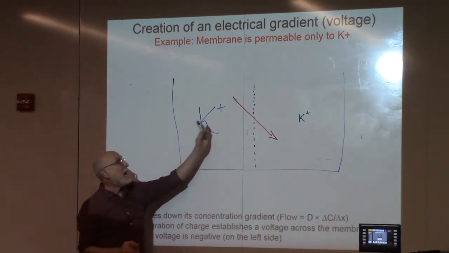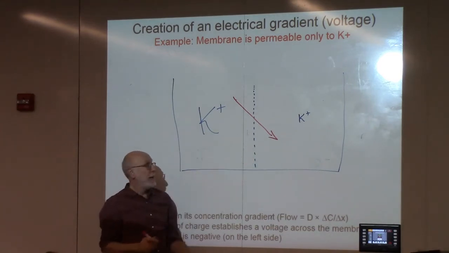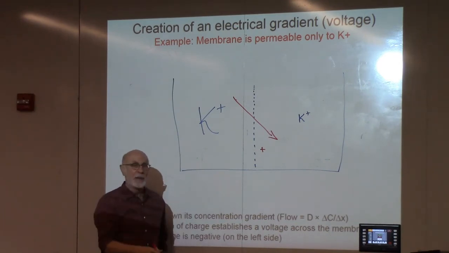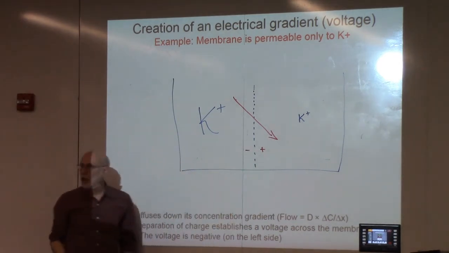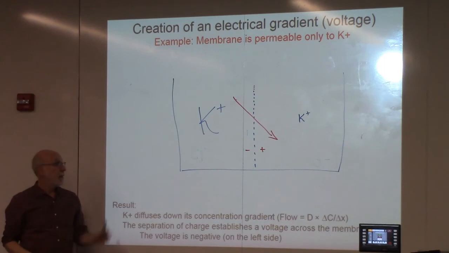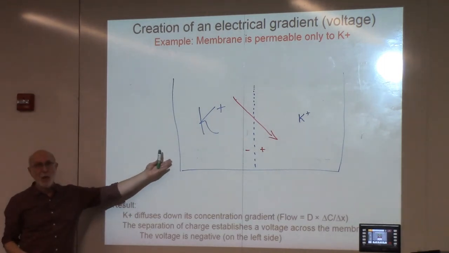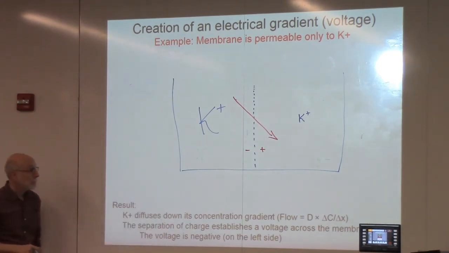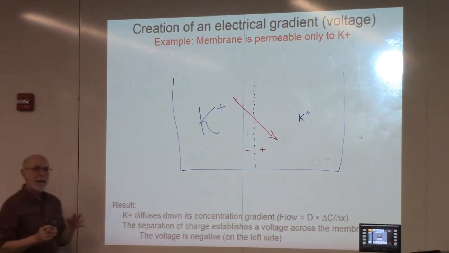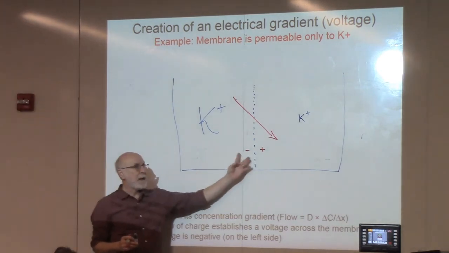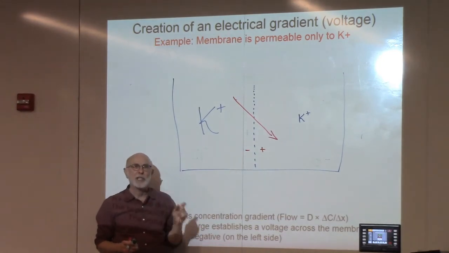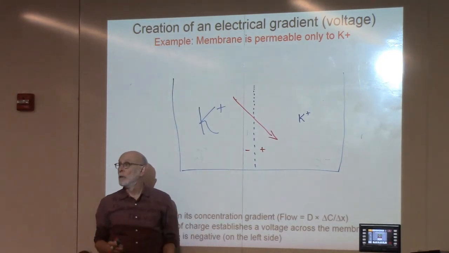So every time a potassium ion moves, it brings a positive charge to the other side of the membrane and leaves behind a negative charge. The negative charge being the slight excess of chloride on this side relative to this side. Now we get into the concept of voltage. That separation of charge across a space, the membrane has some dimension, is voltage.